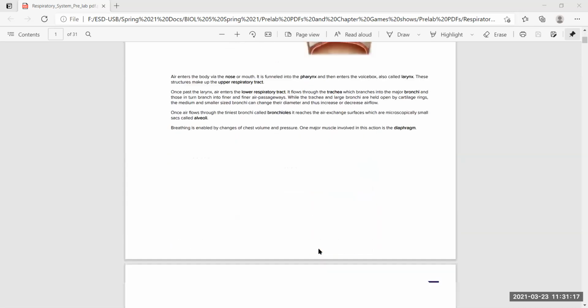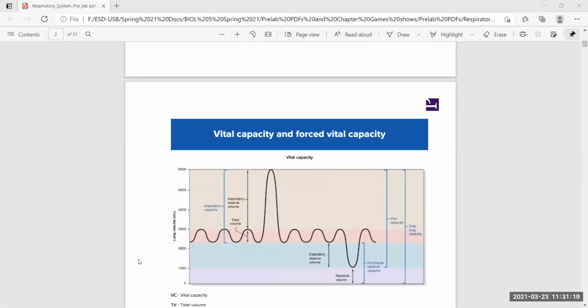Okay. To measure how our lungs are functioning, how our respiratory tract is functioning, we do several measurements of lung volumes and lung capacities. So here, this is the graph of the lung capacities.